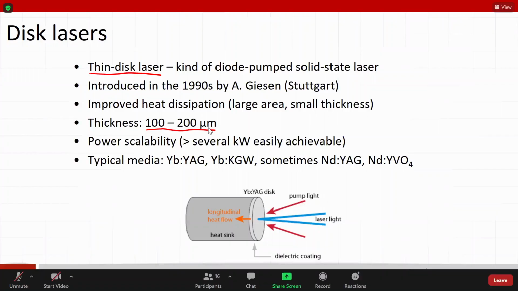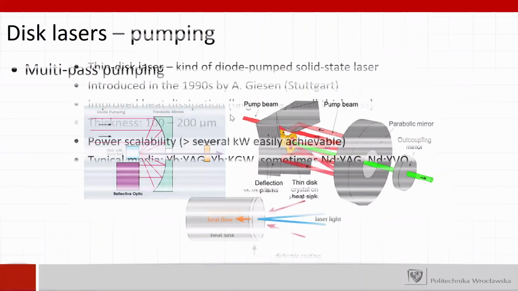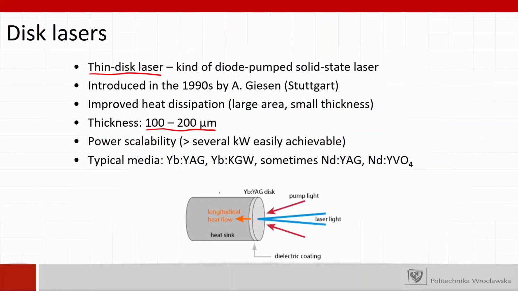because if the disk is thin enough, we can more easily extract the heat from the disk, because we can place the disk on a heat sink, which can be water cooled, because we have a huge surface of the disk. So it's much easier to extract the heat from the surface, from the side, than from the inside of the material, right?